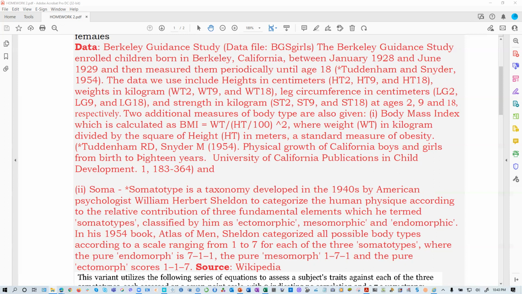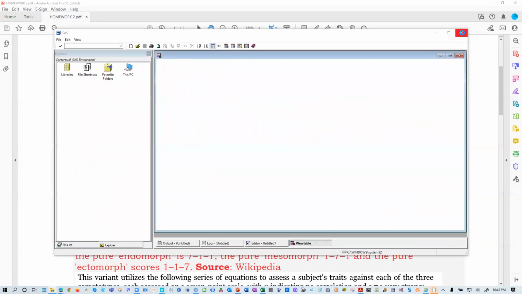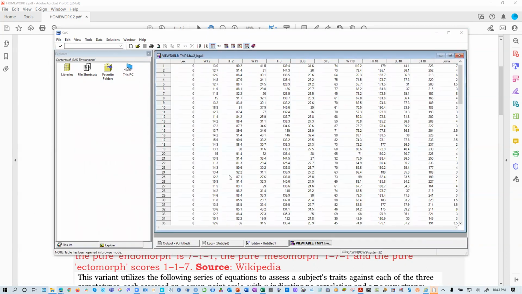Assignments, homework 2. This one, I'm going to open this one. Yeah, Soma, see? That one you have, see? W2, HT9, LG, but some are missing.